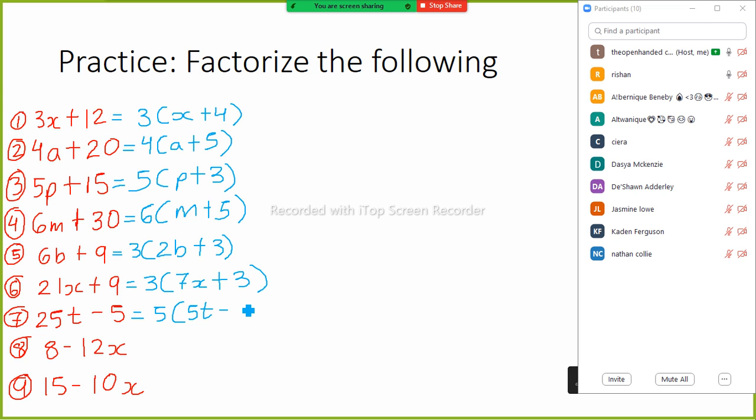What times 5 gives me 5? 5 times 1. So 1 should go out.